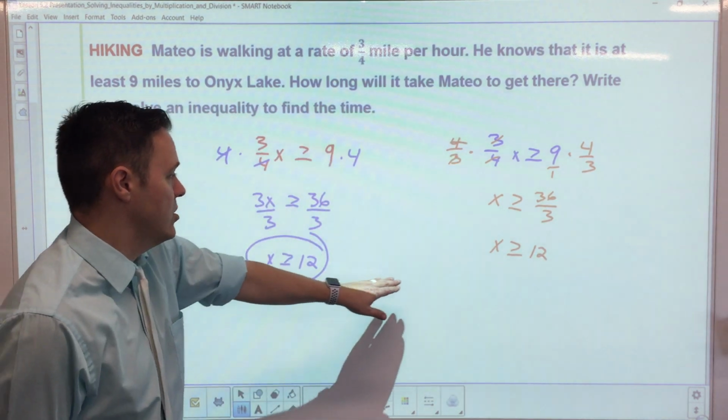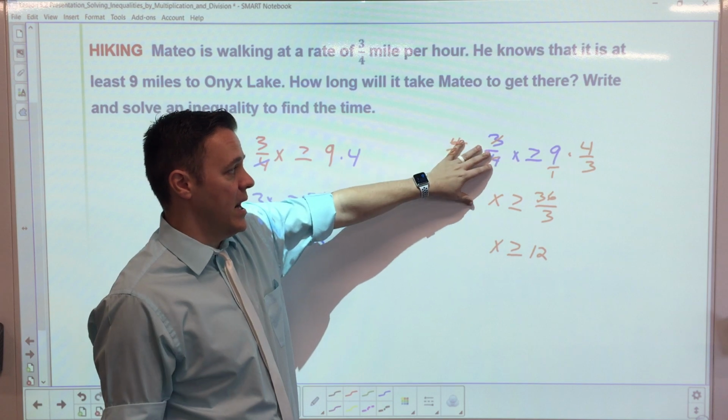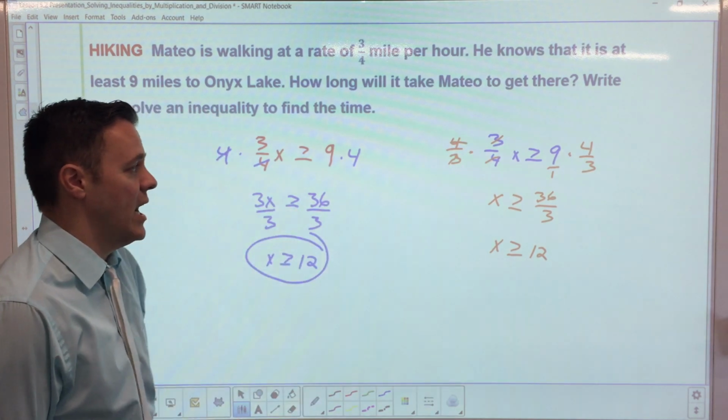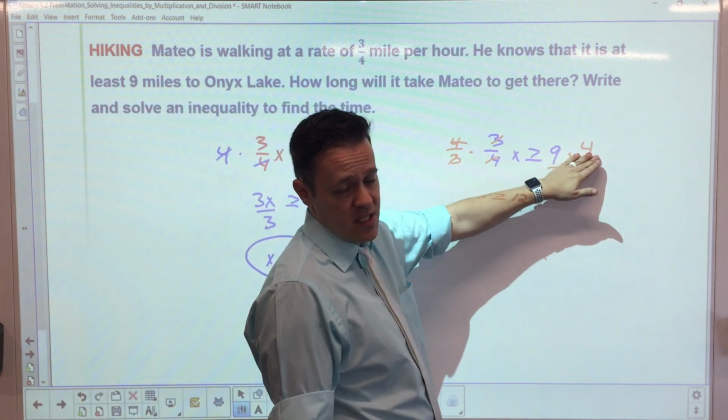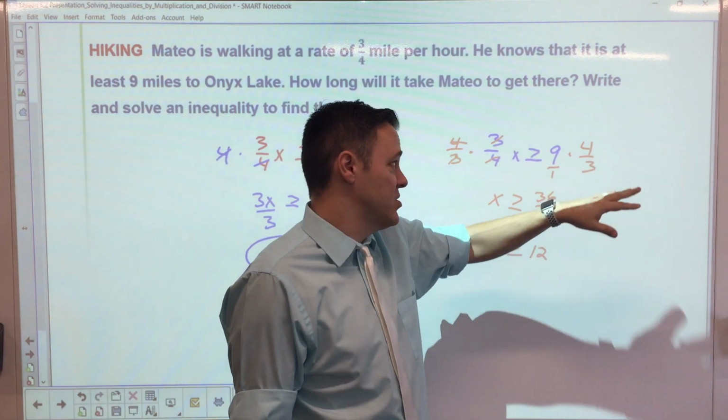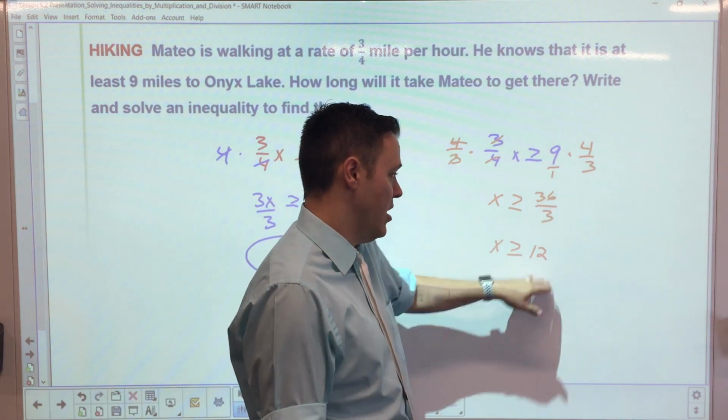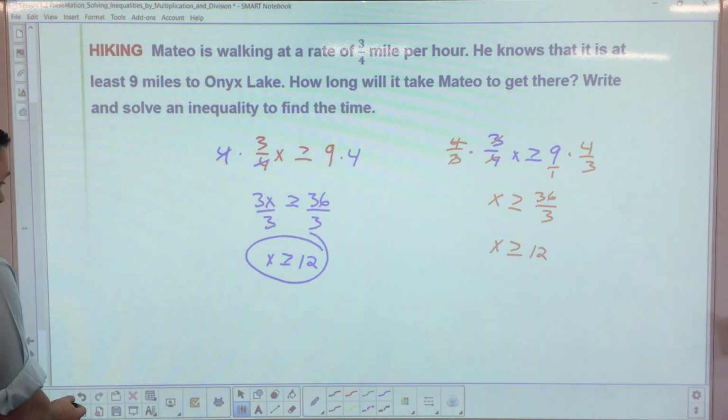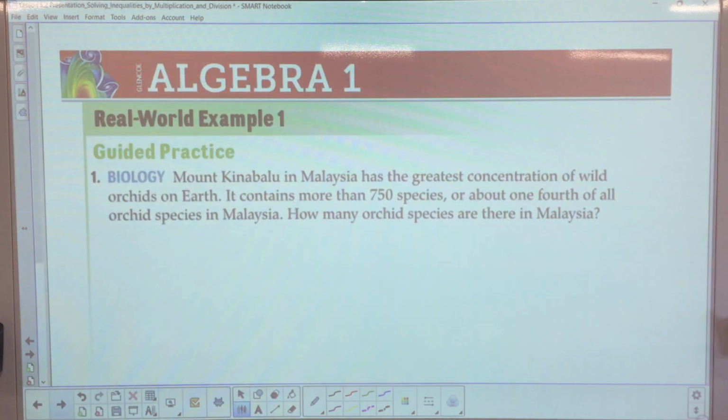Same answer, just multiplying by the fraction to get rid of it in one shot. If you can do the math in your head, or you can put 9 times 4/3 in a calculator, it would give you an answer of 12. All right, you guys, I want you to work on this, please.